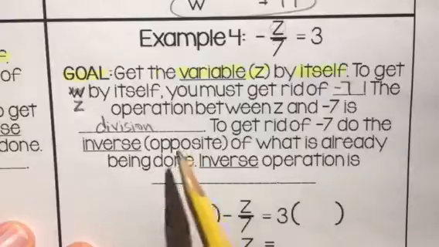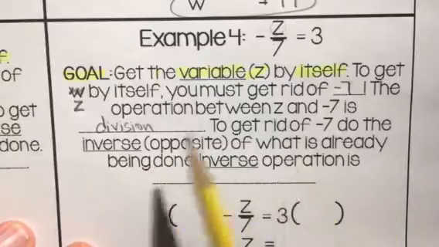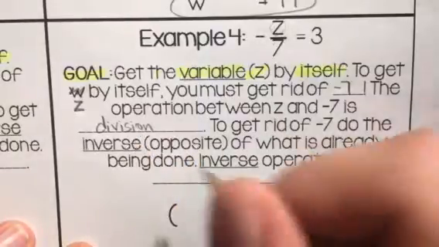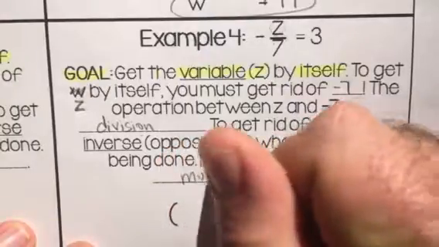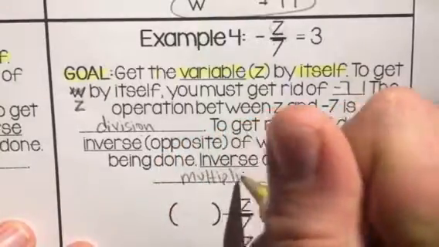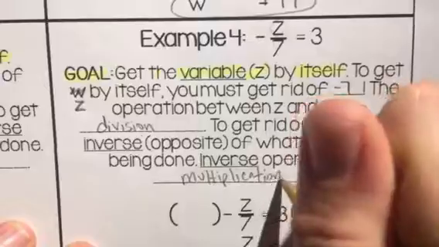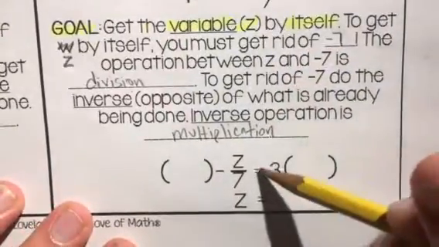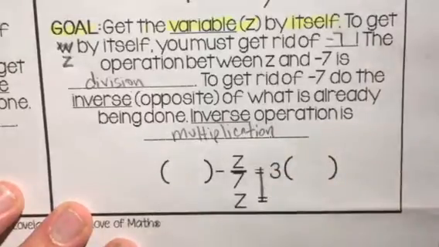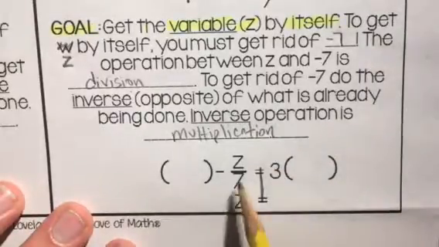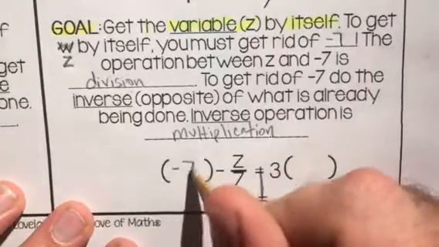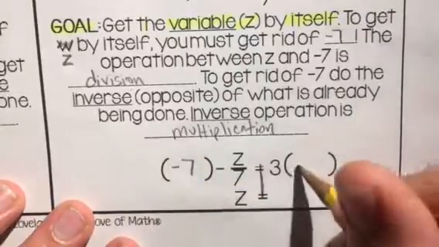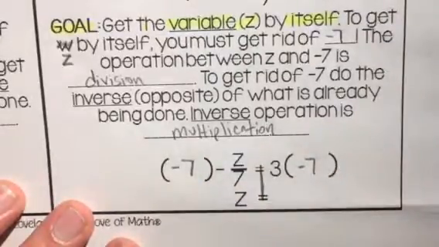So the inverse operation of division, or the opposite of division, is multiplication. So if I'm looking at this problem, I'm going to draw my line to separate, so I do it to both sides. I'm going to multiply by 7 on this side, and I'm going to multiply by 7 on this side.